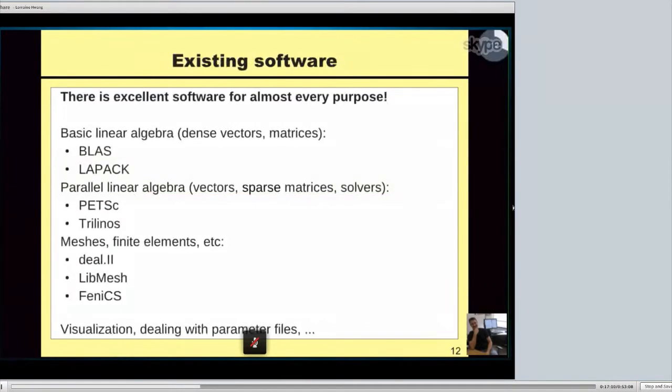All right, so to start with, an overview of the sort of things that are available in the field. Let me just categorize things a little bit. So there are two packages for what we call basic linear algebra. That would mean that you deal with relatively small vectors and matrices, and these packages, BLAS and LAPACK, for example, implement things like the multiplication of a dense matrix with a vector.